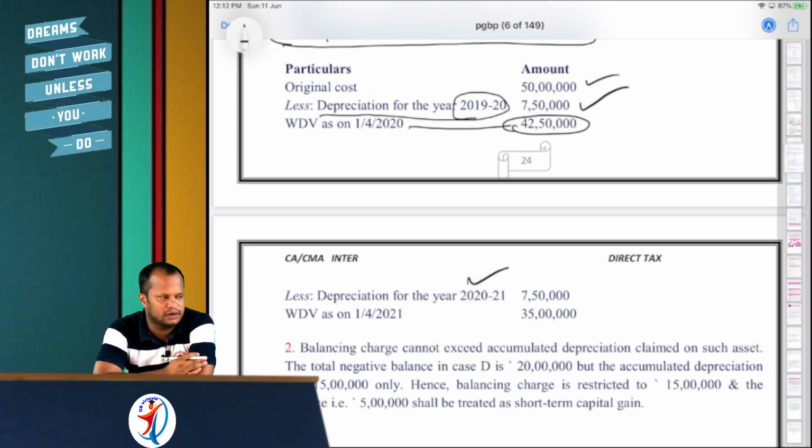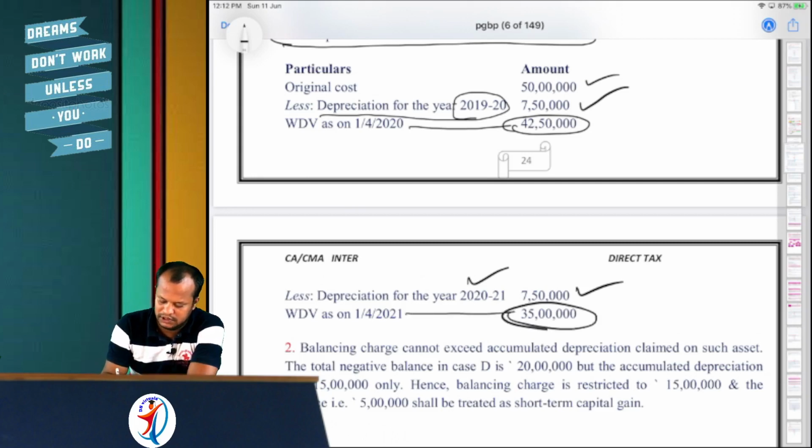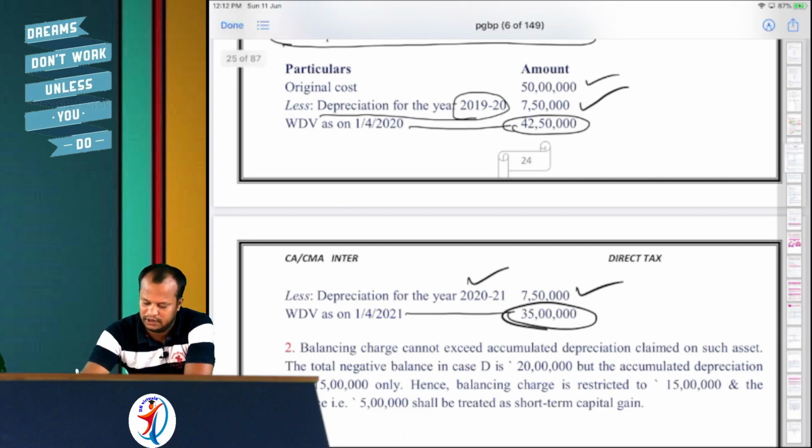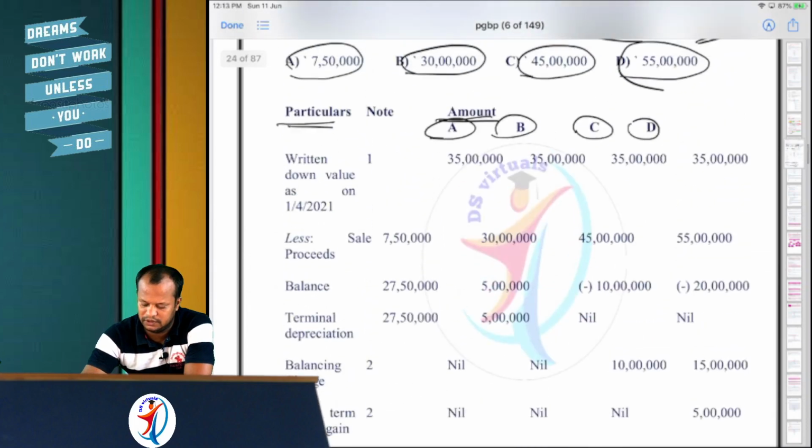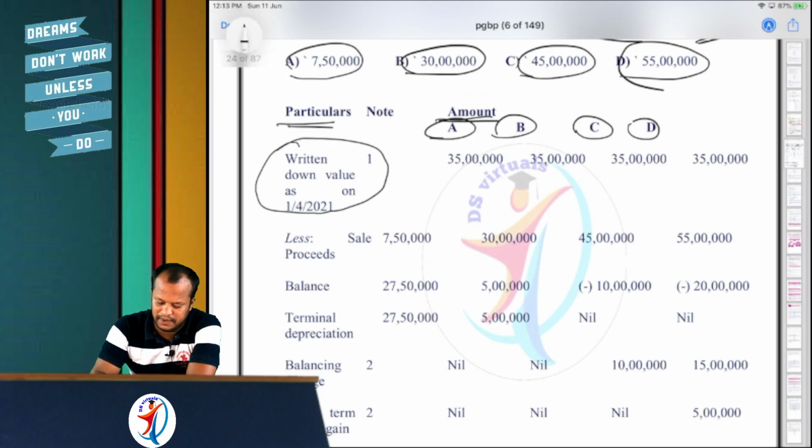Again we have to deduct the depreciation for the next year, that is also 7,50,000, because of 15% SLM. Each year depreciation will be an equal amount. So WDV on 1st April 2021 is 35 lakh in all four cases.